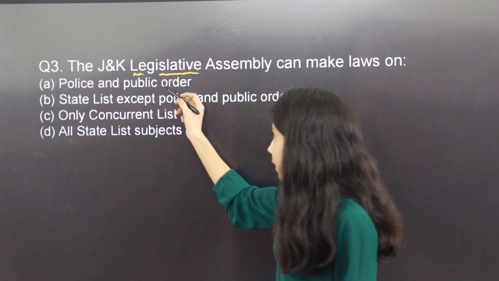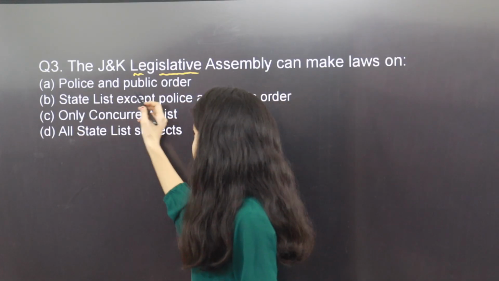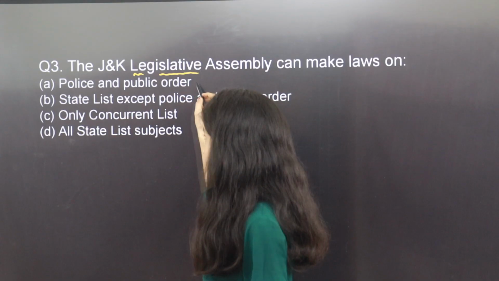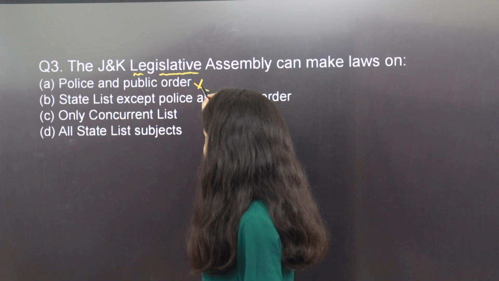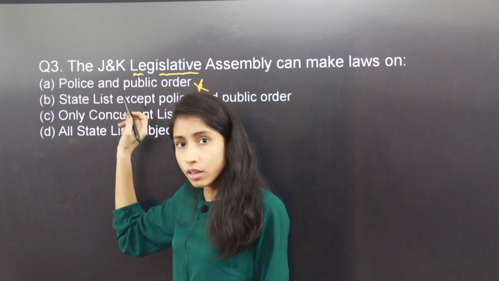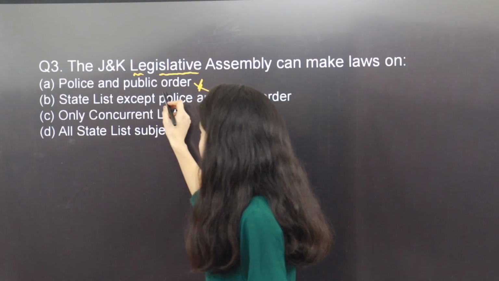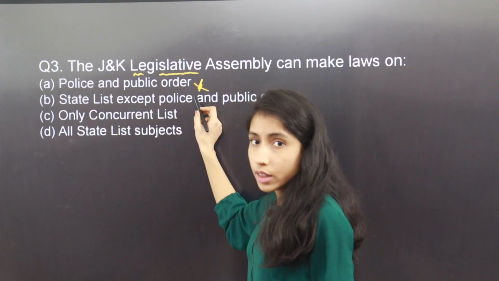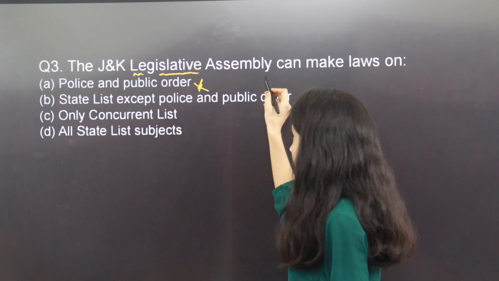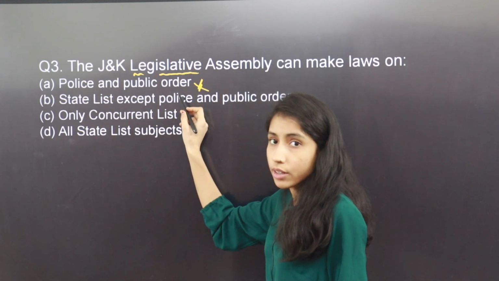So, can the J&K Legislative Assembly make laws on police and public order? It's incorrect. The Lieutenant Governor of Jammu and Kashmir can make laws on police and public order. The J&K Legislative Assembly cannot make laws on police and public order.